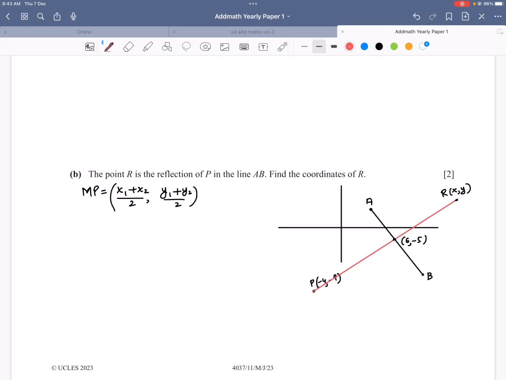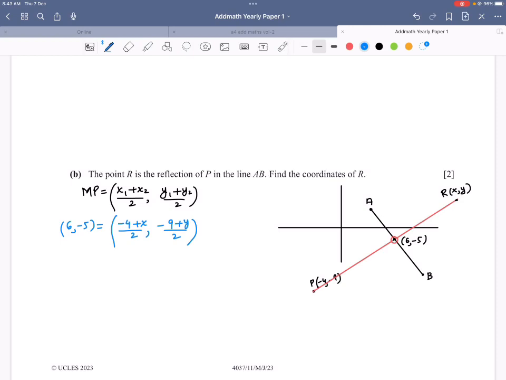The midpoint in this case is 6, minus 5, and x1, y1, x2, y2 are on the diagram. x1 is minus 4, x2 is x divided by 2, y1 is minus 9, y2 is y divided by 2, and the midpoints are 6 and minus 5.